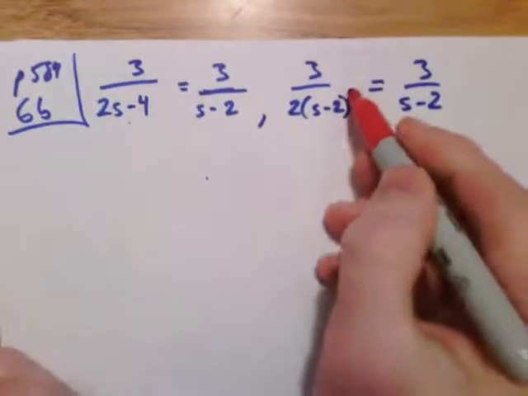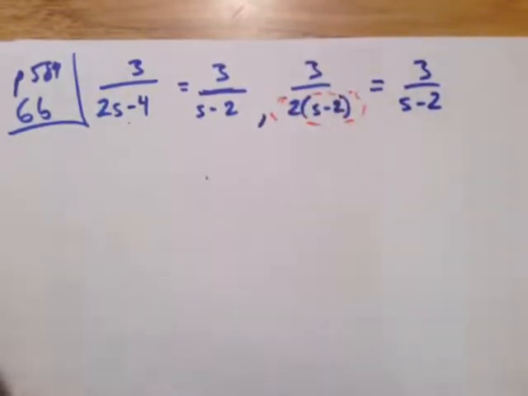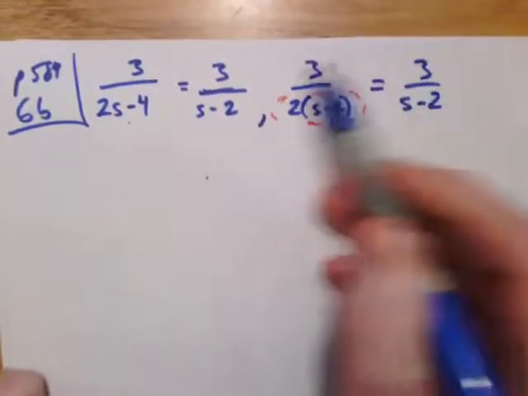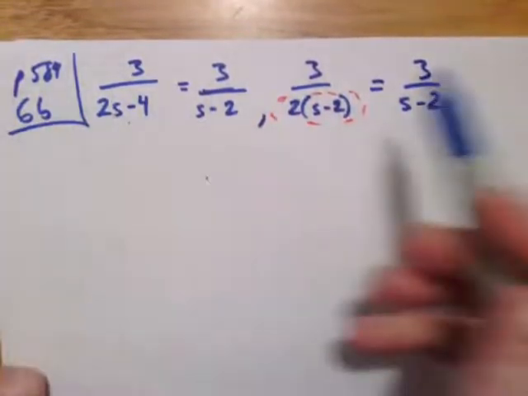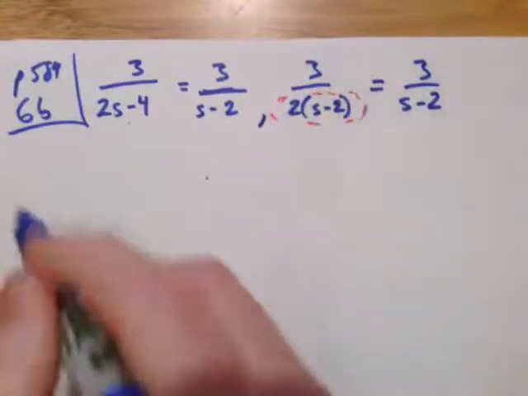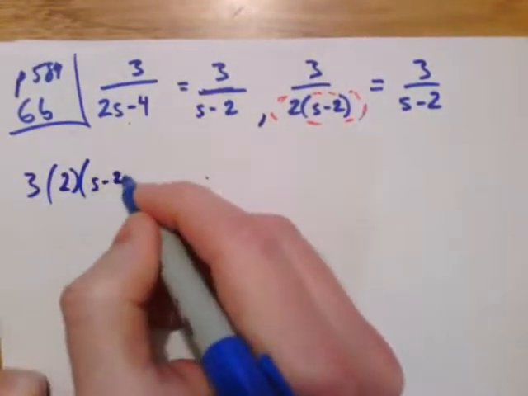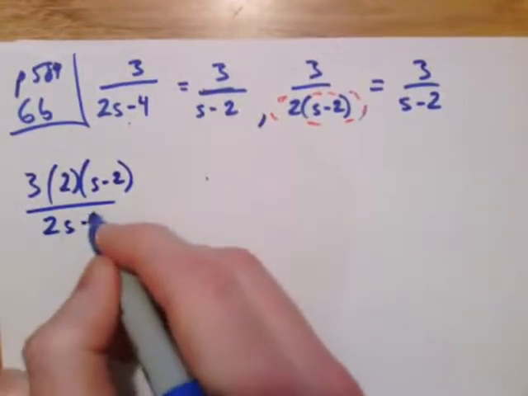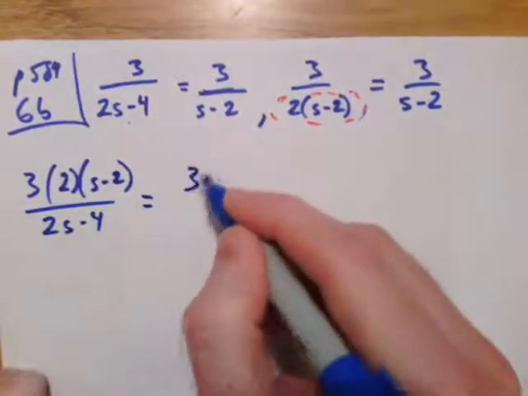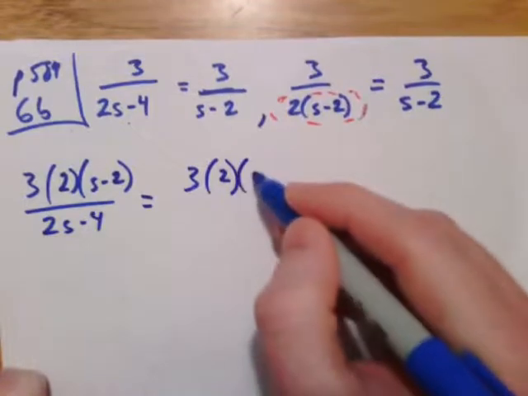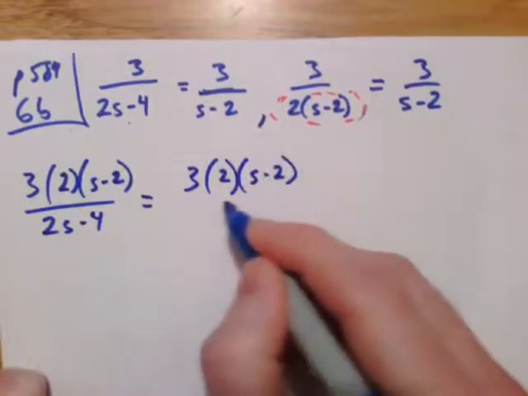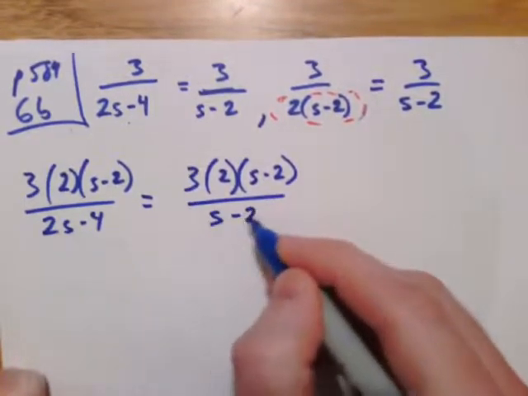Our LCD is right here. So we multiply both terms. We multiply everything basically by this, okay? So 3 times 2 times s minus 2 over 2s minus 4 equals 3 times 2 times s minus 2 all over s minus 2.